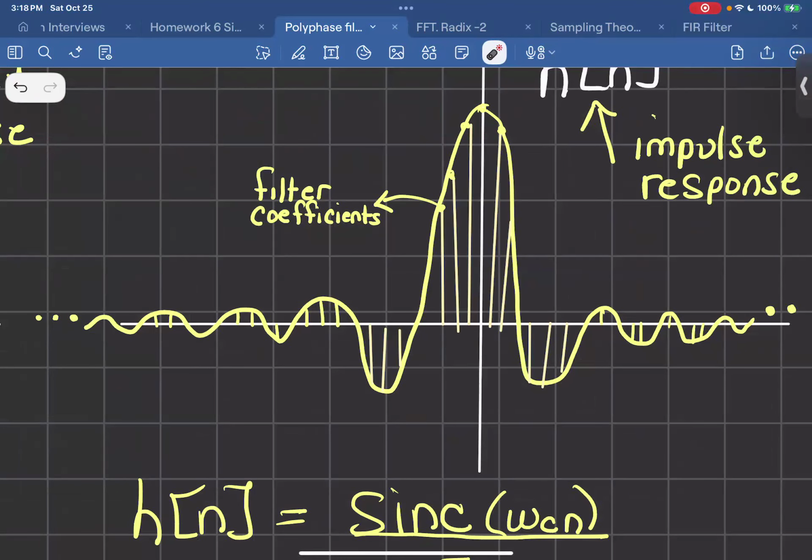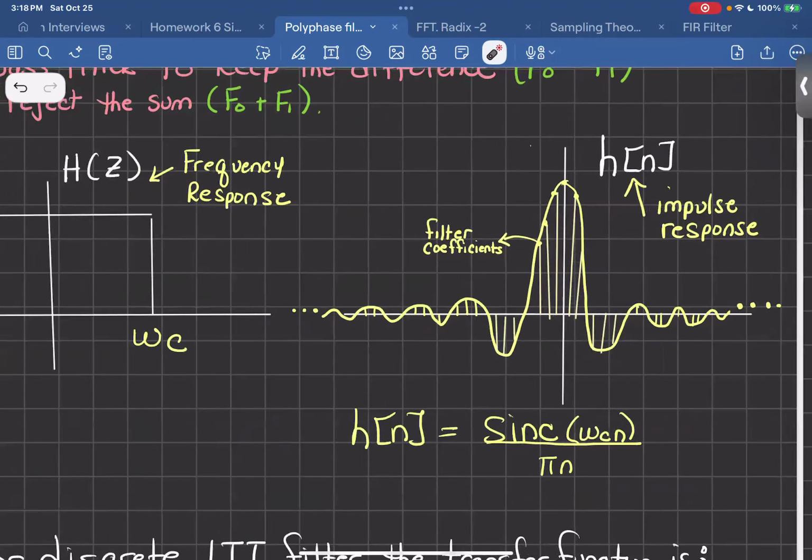So your filter coefficients are samples of your impulse response, of your continuous time impulse response, which comes from taking the inverse Fourier transform.